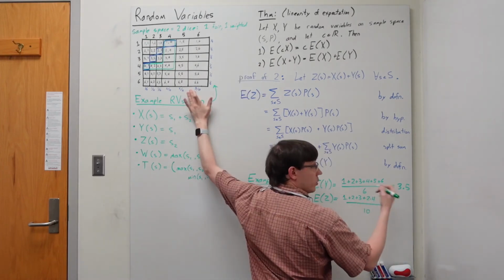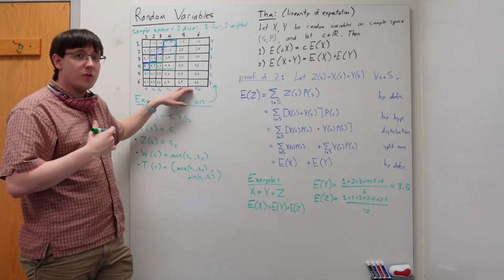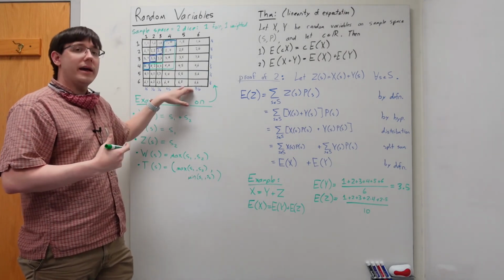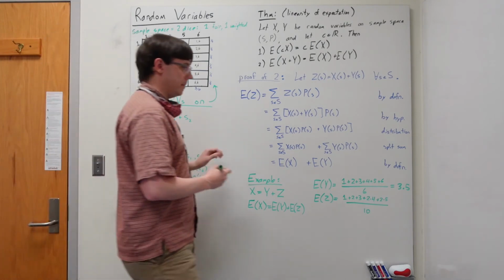We also have 2/10 times 5, and the value 6 happens with probability 3/10, and so we have a 3/10 times 6 in our sum.